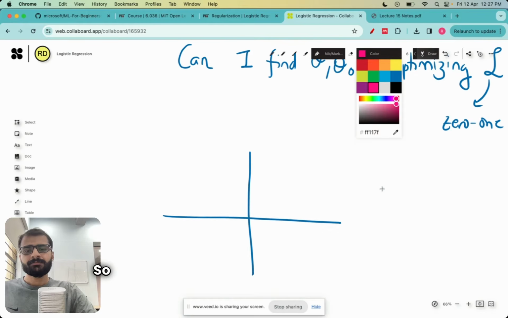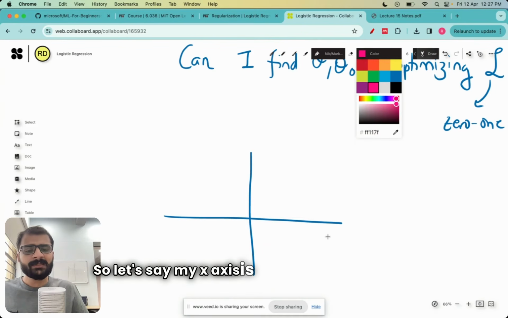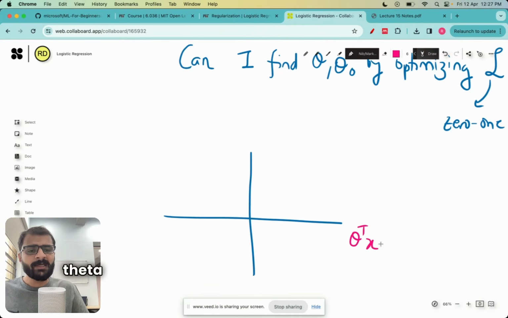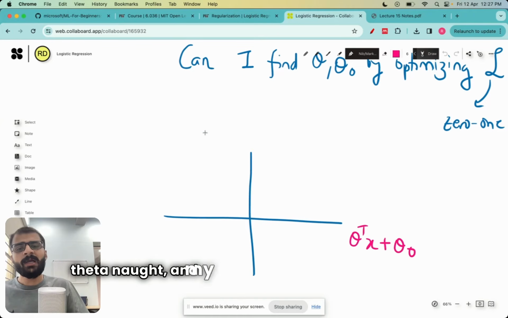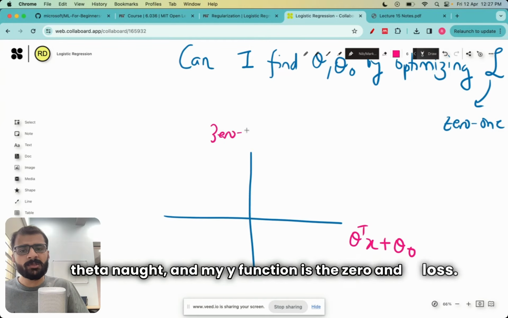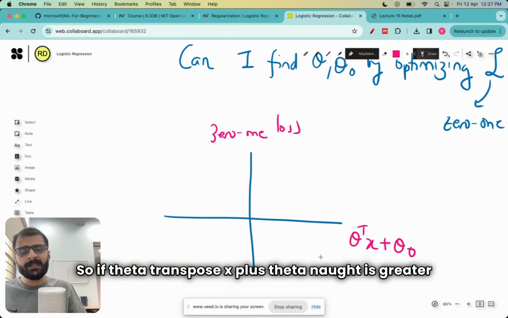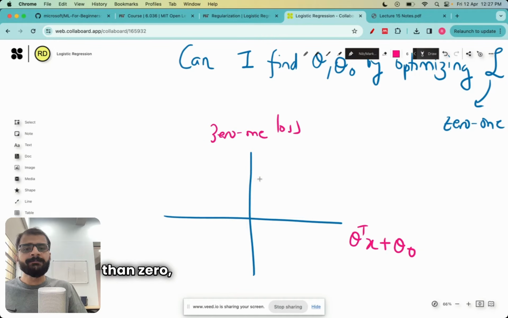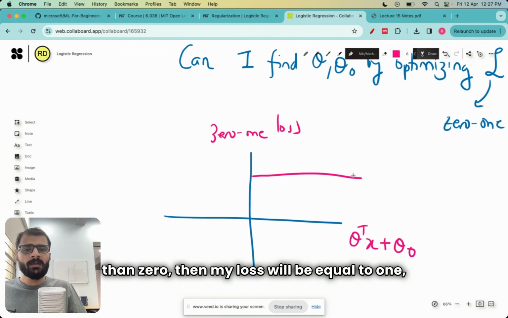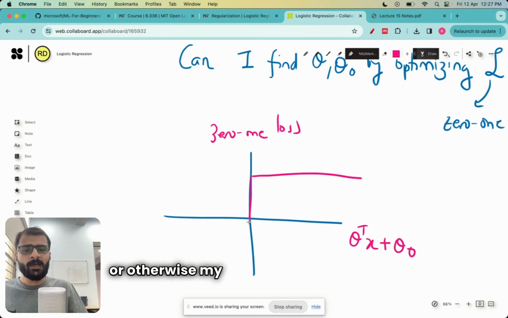So let's say my x-axis is theta transpose x plus theta naught, and my y-axis is the 0 1 loss. So if theta transpose x plus theta naught is greater than 0, then my loss will be equal to 1, or otherwise my loss will be equal to 0.